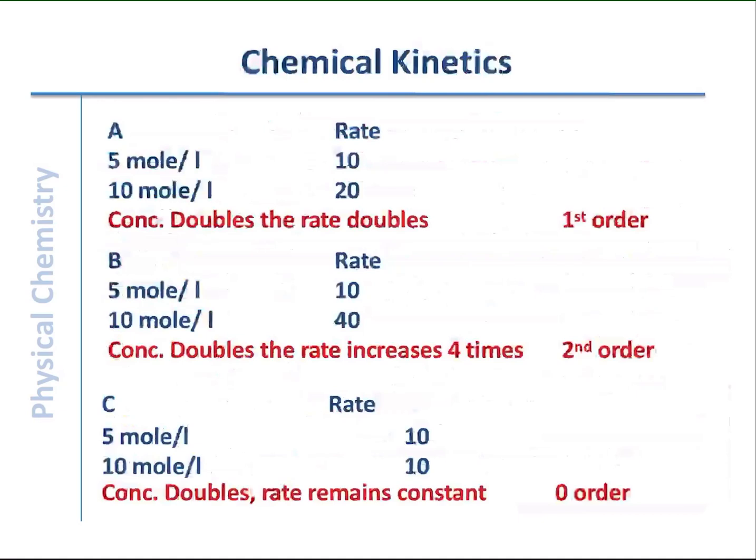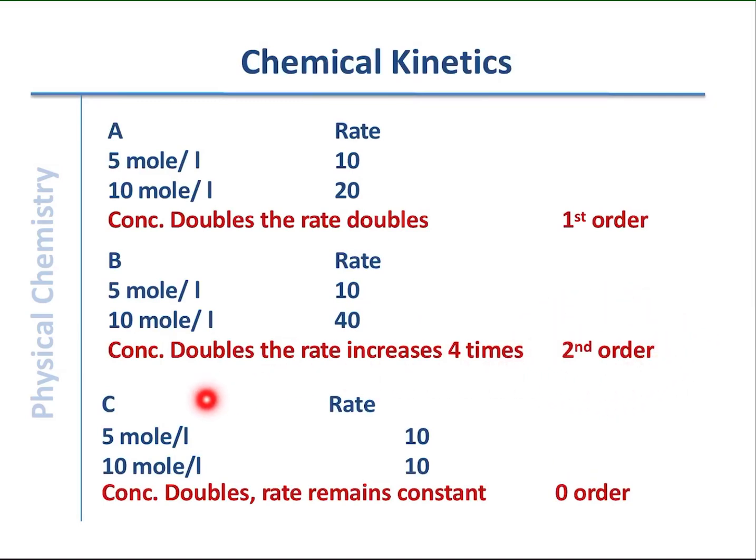What happened to the rate? If the concentration doubled and the rate of reaction doubled, this reaction is first order. If the concentration doubled and we found that the reaction rate increases 4 times, this reaction is second order.